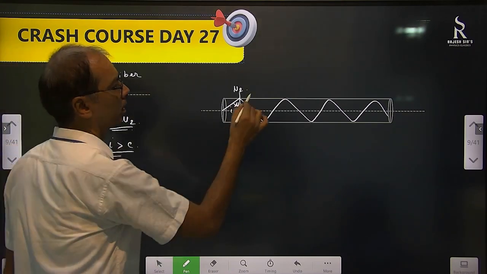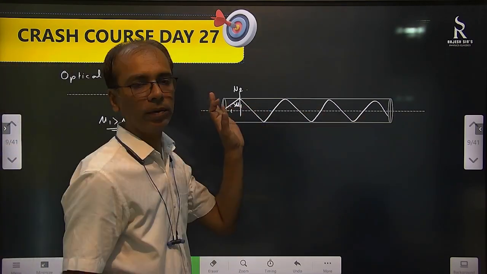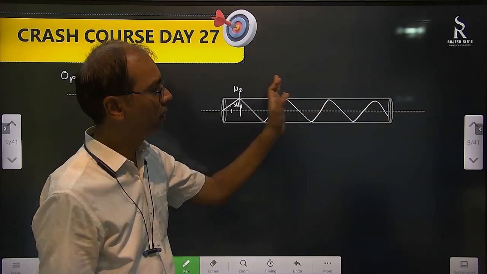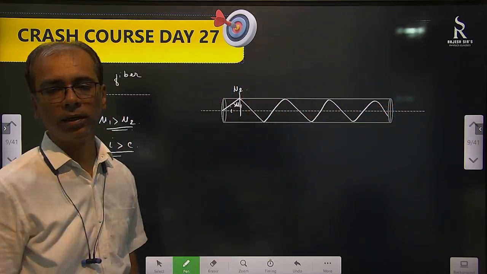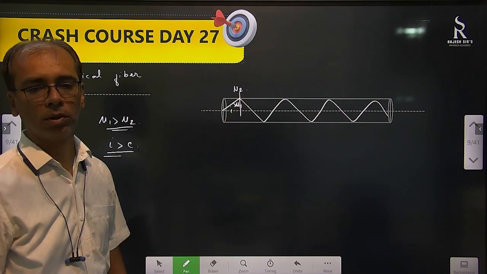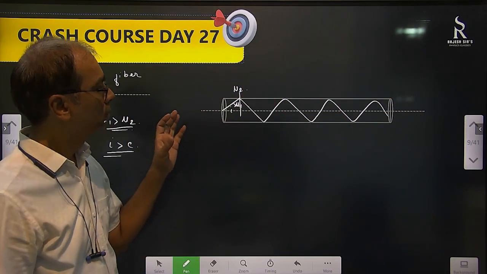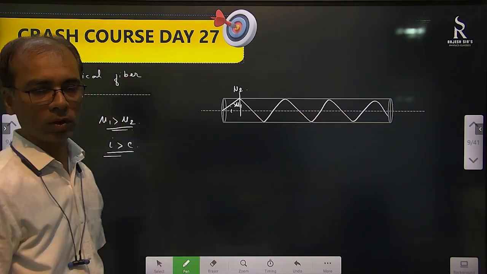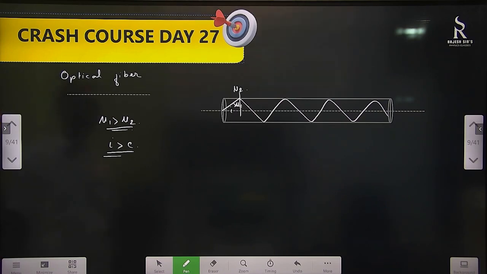Because of that, the entire data without any loss will be transferred throughout this optical fiber and we will be getting the data at the other end. Mobile transmission is happening like this only. Whatever mobile communication is happening, it is happening through optical fiber only. Okay, so this is optical fiber.